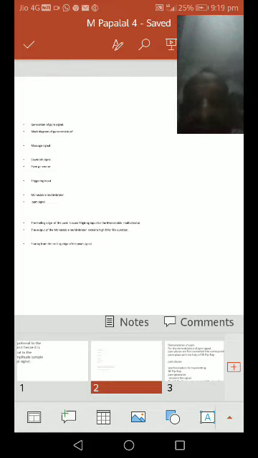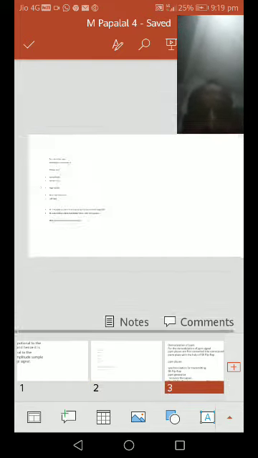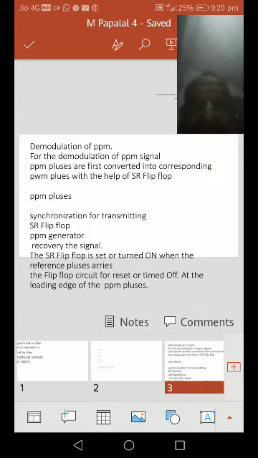As the instantaneous amplitude levels change, the pulse positions vary. That is the pulse position signal. The trailing edge of the pulse width modulation is used to trigger the input of the monostable multivibrator, and then we get the PPM.